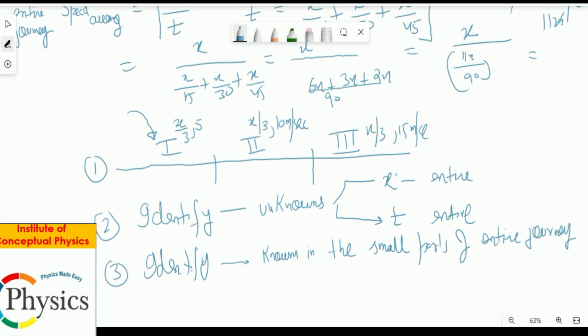Now, with the help of what is known to you, try and calculate the unknowns. For example, we wrote three equations of time with the help of knowns. So we were able to find T1, T2, and T3. This came out to be x by 15, this came out to be x by 45, and this came out to be x by 90.